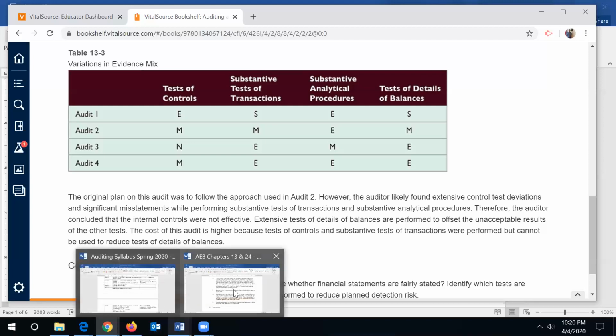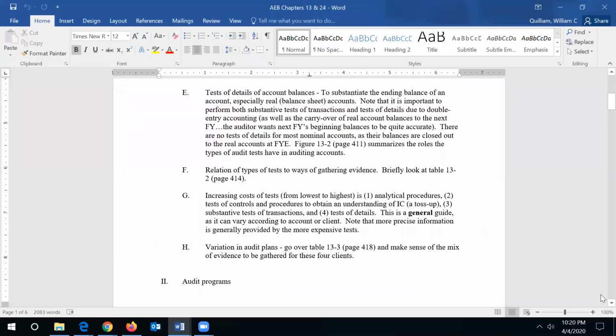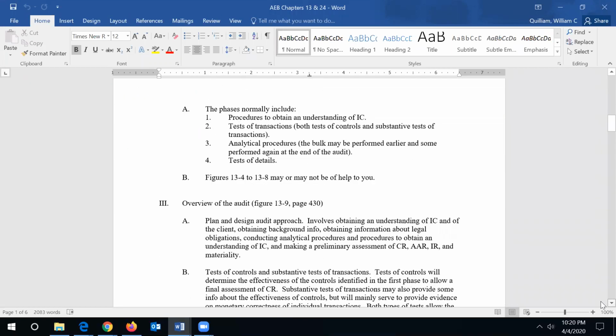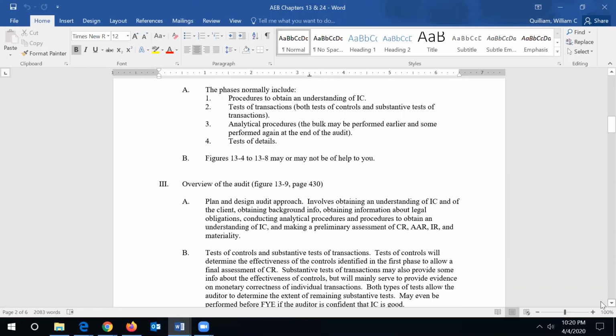Okay, let me turn back here to the outline itself and look at audit programs. And just a little bit of review of this. We know the phases normally include procedures to obtain an understanding of internal control. We do those very early so that we know where we have problems. Then tests of transactions. By the way, both test controls and substantive tests of transactions.